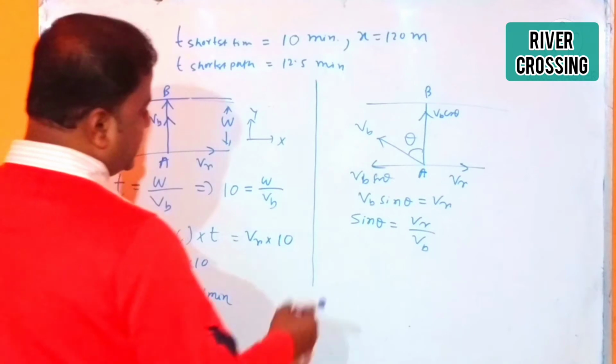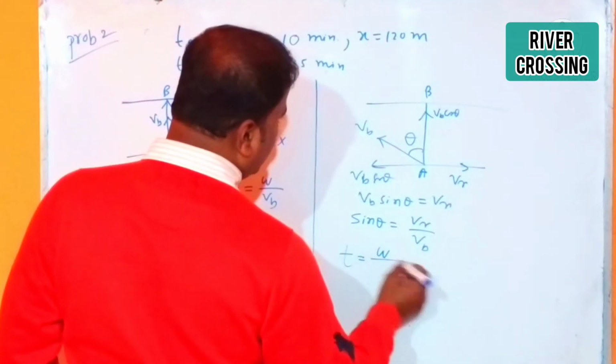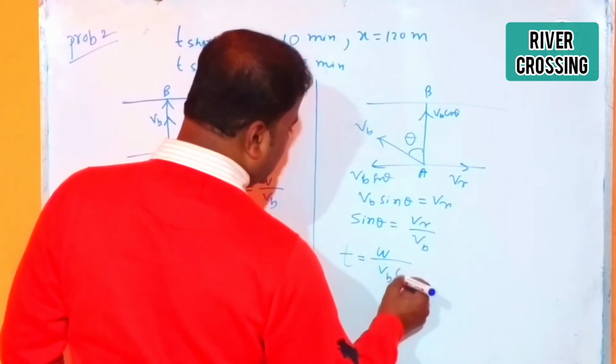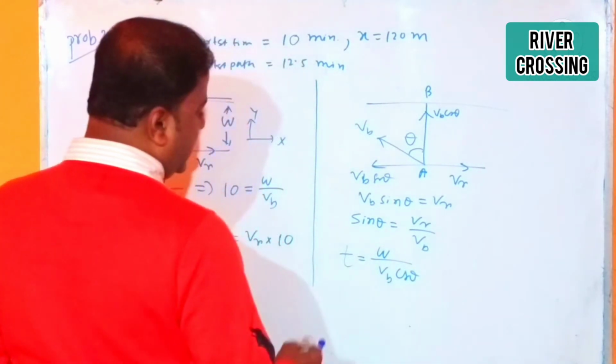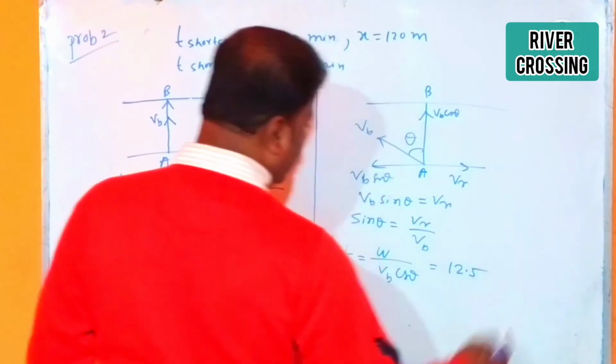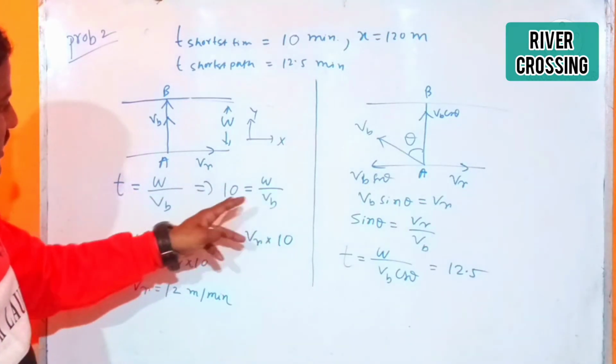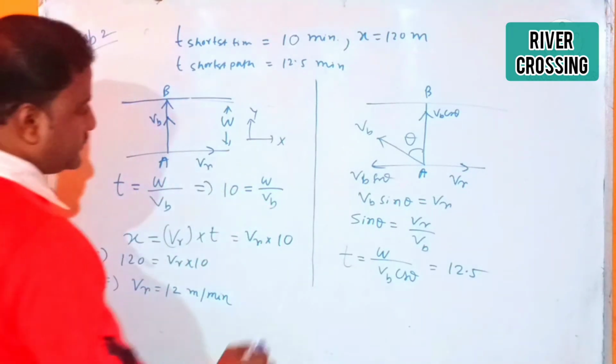And for this, the time t equal to W by VB cos theta, and this time is given as 12.5. We already got W by VB equal to 10.